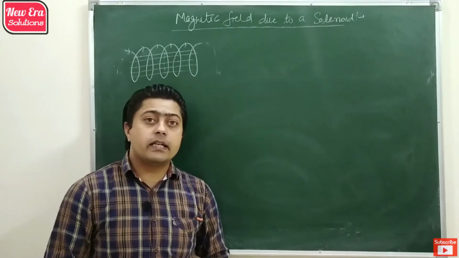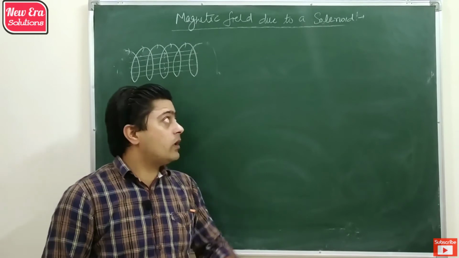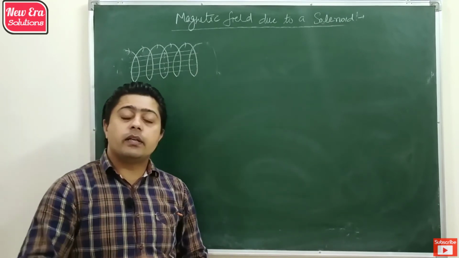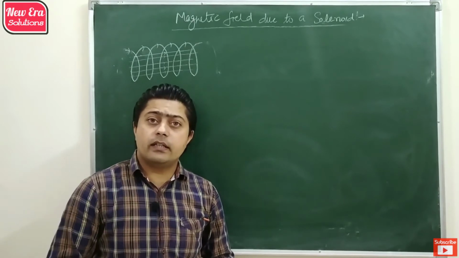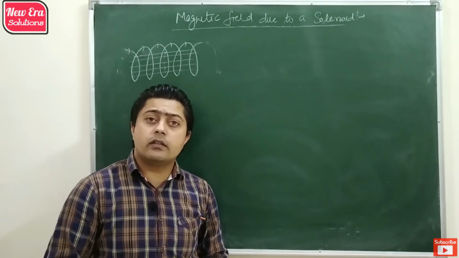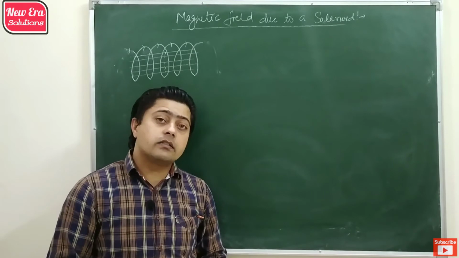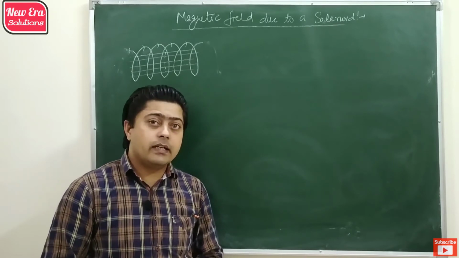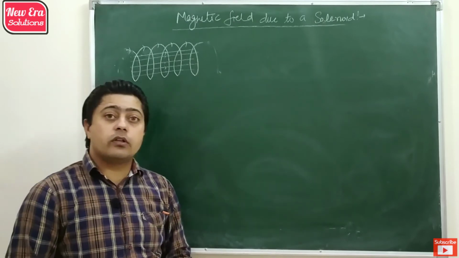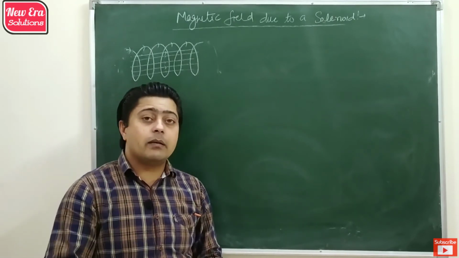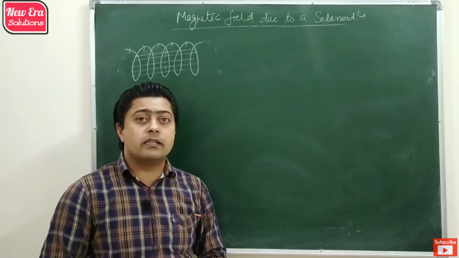Now let's find the magnetic field due to a current carrying solenoid by using Ampere's circular law. As we know, a solenoid is a coil of insulated copper wire having a large number of turns, and it has a certain property that the magnetic field inside the solenoid is uniform and the magnetic field outside the solenoid is zero.